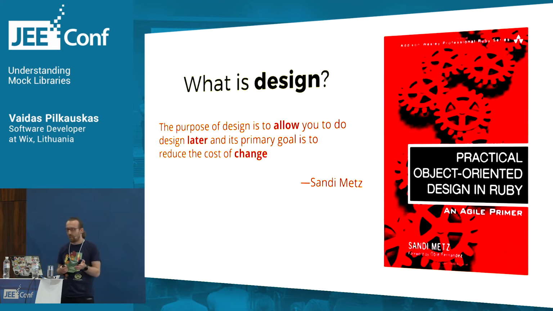Another quote says that good design allows you to do design later in the future. So the purpose of design is not just having beautiful code. Beautiful code is a personal thing. The customer doesn't pay for beautiful code. The customer pays for something that is easy and cheap to change in the future, and that's why we do design.